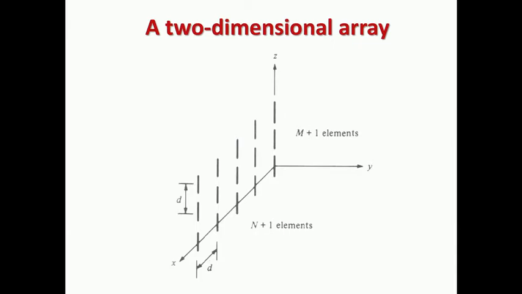So, this array may be described as an array of m plus 1 linear arrays. Thus, by using the principle of pattern multiplication, the two dimensional array factor will be the product of the array factor for m plus 1 linear array elements along the z axis with the array factor for the n plus 1 elements arrayed along x.